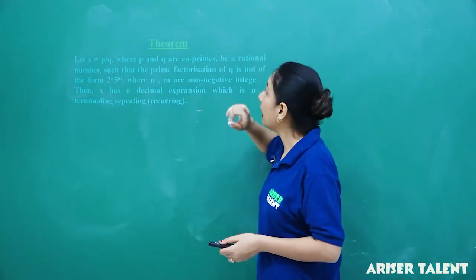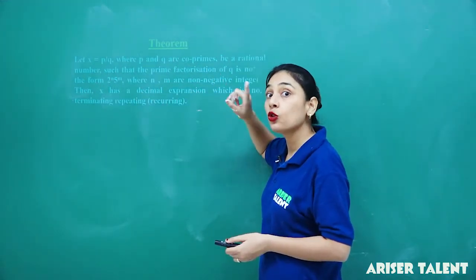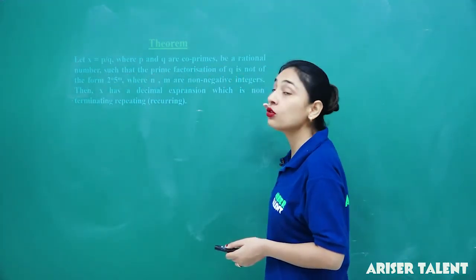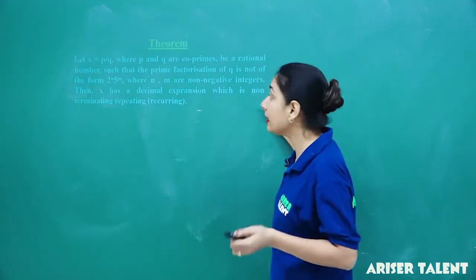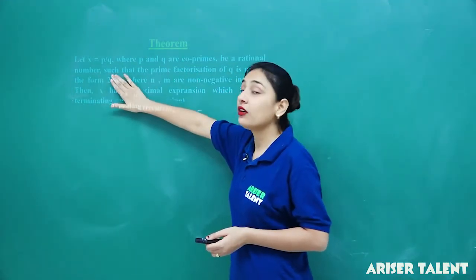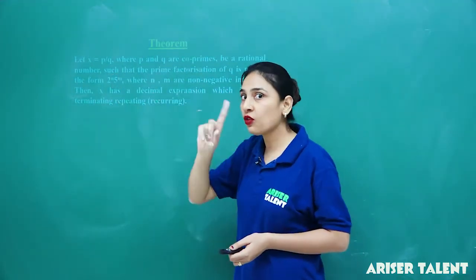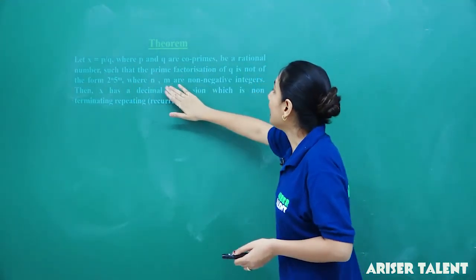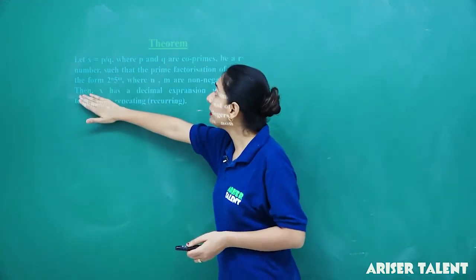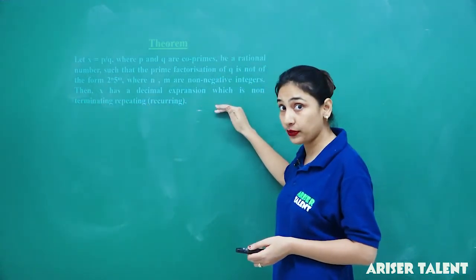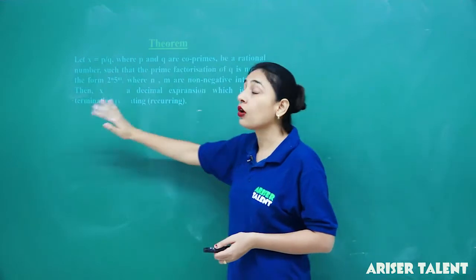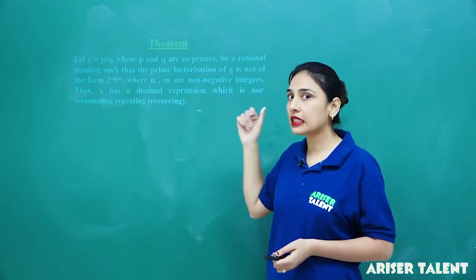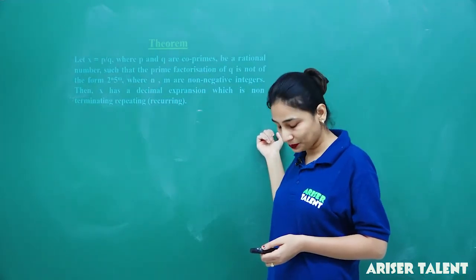In that case, x was 1 by 7, so Q was 7, such that the prime factorization of Q was not in the form of 2 to the power n and 5 to the power m. 7 was not in the form of this, where n and m are non-negative integers. Then x has a decimal expression which is non-terminating and repeating or recurring. So we have discussed it with that example.